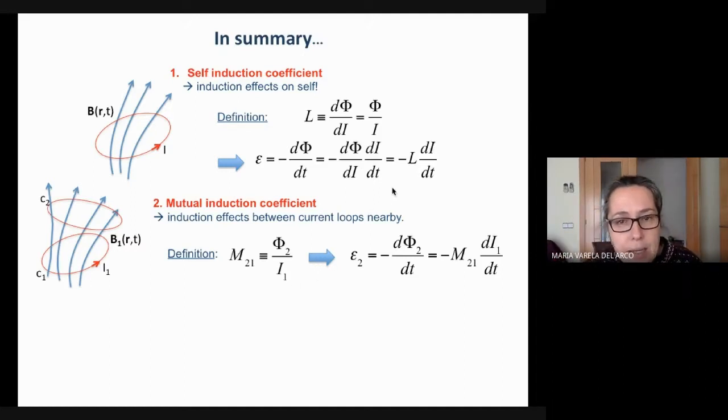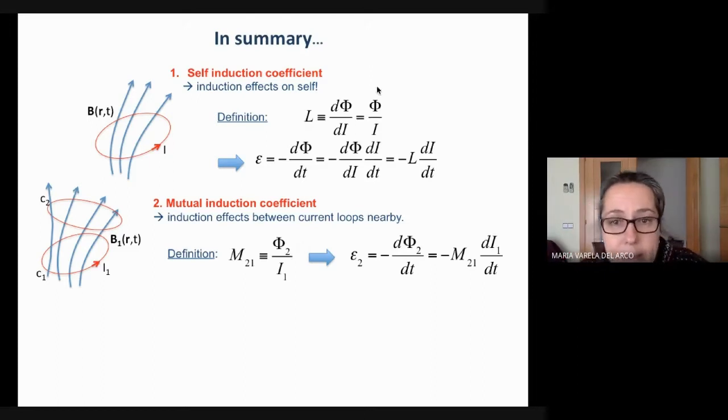It's a very similar definition. For the self-induction coefficient, one takes into account the flux across my own circuit divided by the intensity in the very same circuit. But for mutual induction, one thinks of the flux across the circuit one wants to calculate divided by the intensity of the primary circuit, the one actually generating the field.